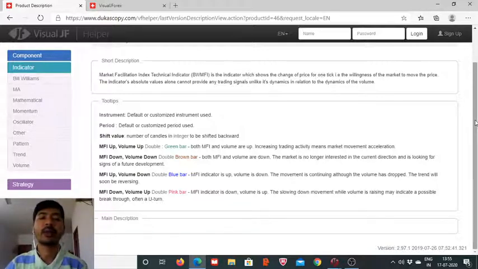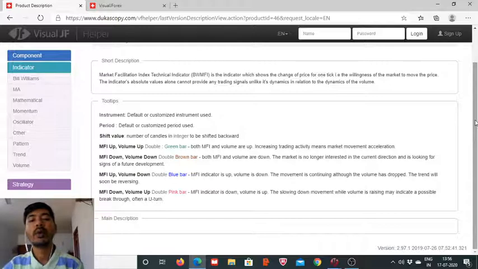If the price is moving on the upside when the MFI is up and the volume is up, you get a fair bit of idea that this momentum is strong. And if the price is moving on the downside while the MFI is up and the volume is up, you get a fair bit of idea that the price momentum is strong, but on the bearish side. So it can work both ways.